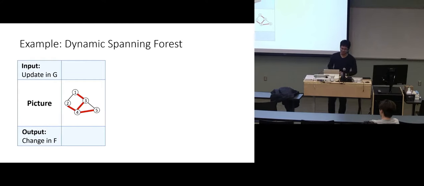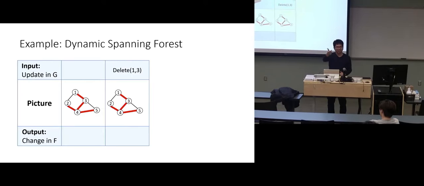Now, what is the dynamic spanning forest problem? It's a problem where you start with a graph, and then you want to maintain a spanning forest at all times. For example, you have a graph, then there is one edge update given to you. Here it says delete the edge from 1 to 3. So you delete this. This tree is not a spanning tree anymore, so you need to update your tree, and what you output is how you change the tree.